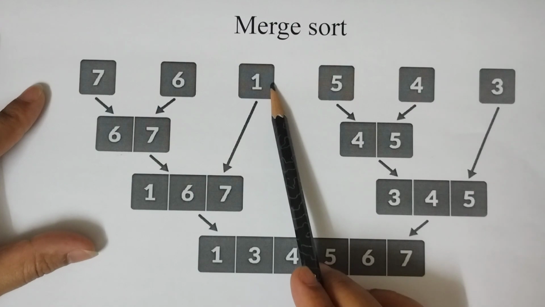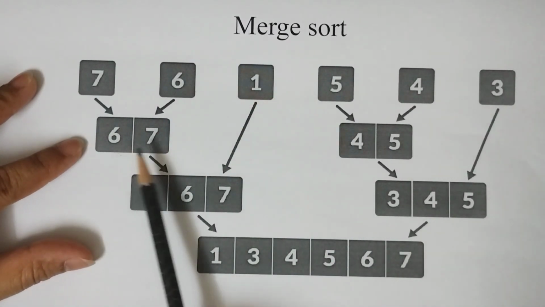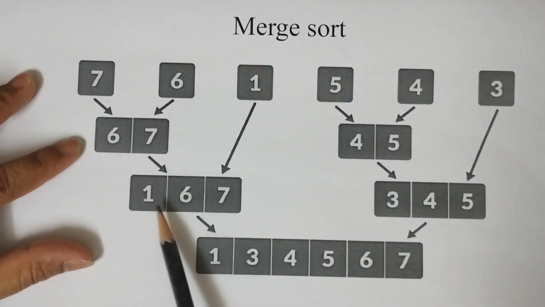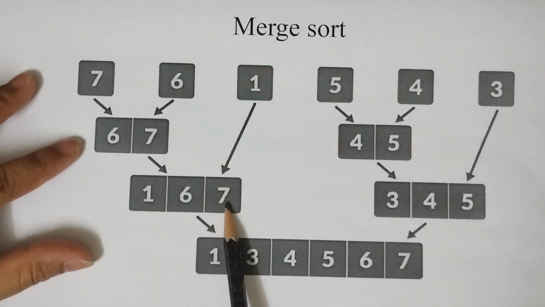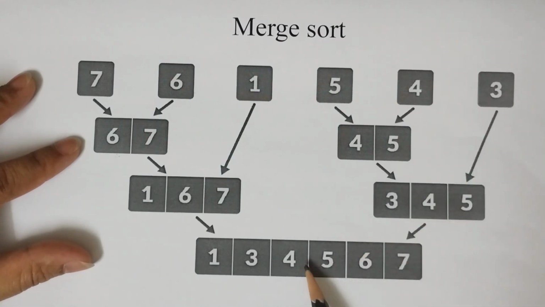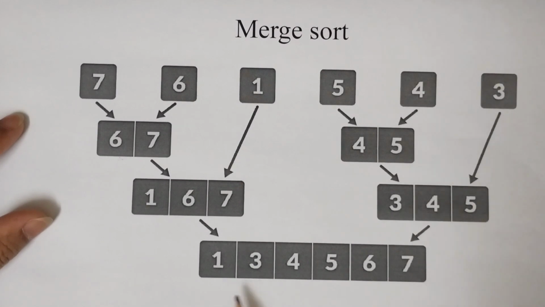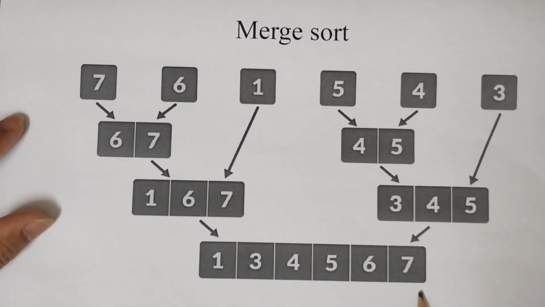Same way, if you take the other value 1 and compare it with the two values of this array, it will be placed in the array in sorted order. Same way on the right hand side. So this is how merge sort works, and at last you can see the final solution here.